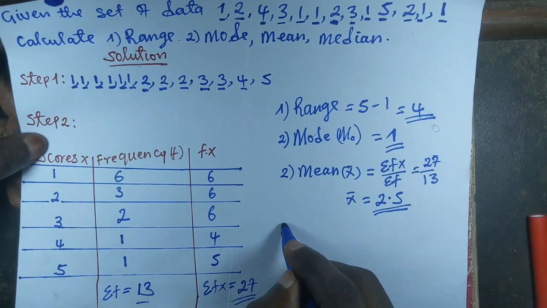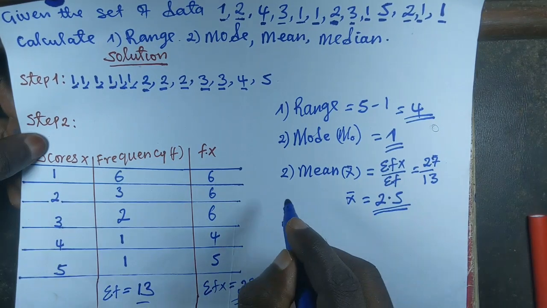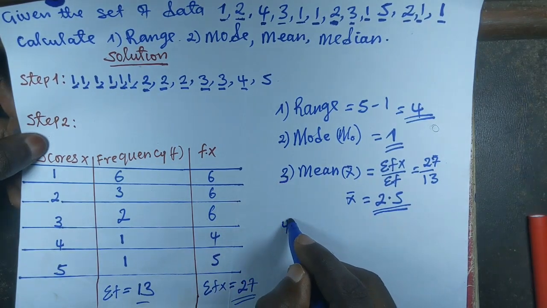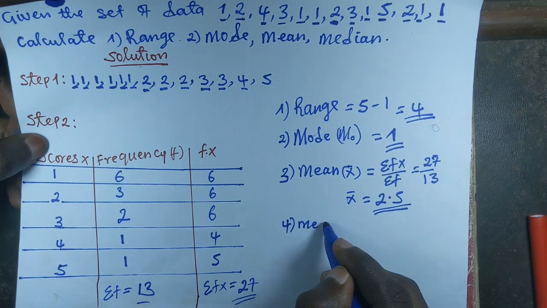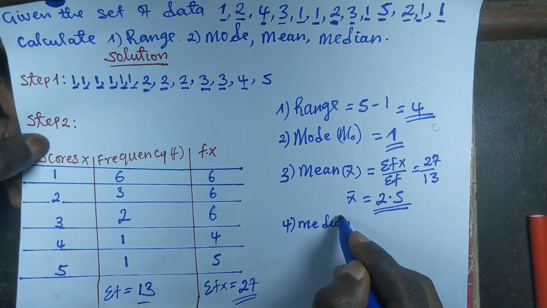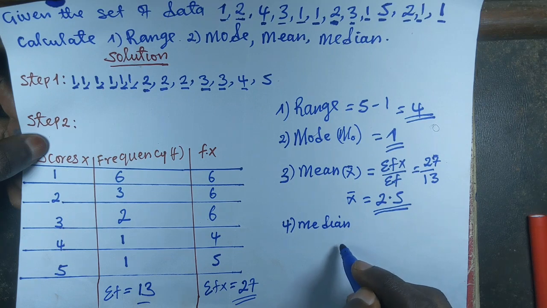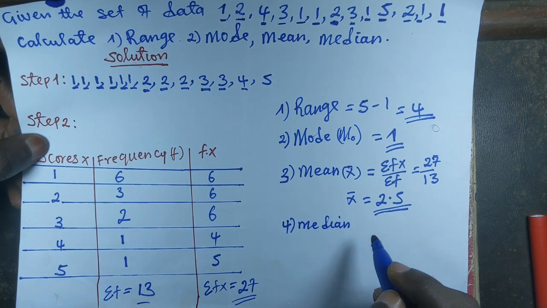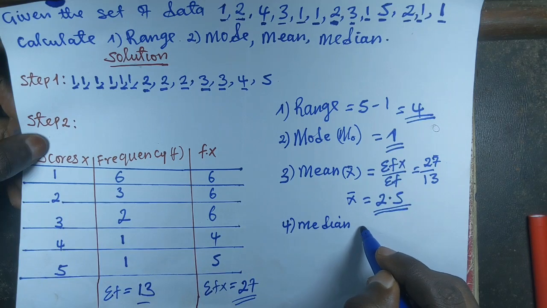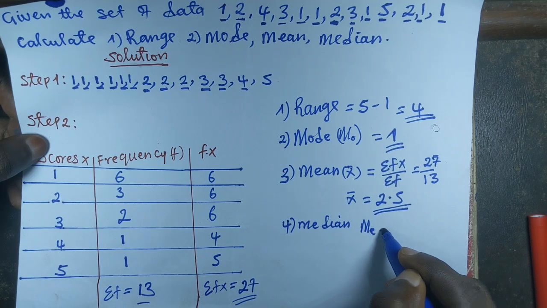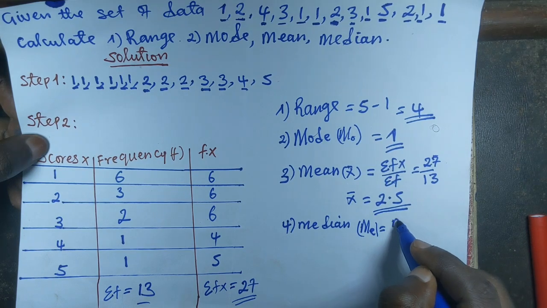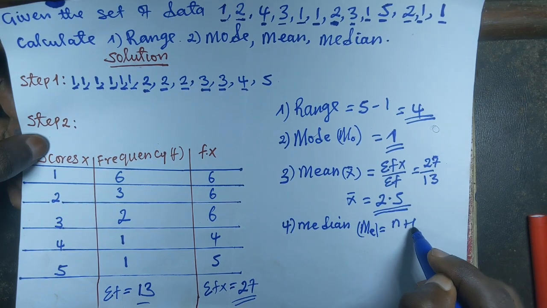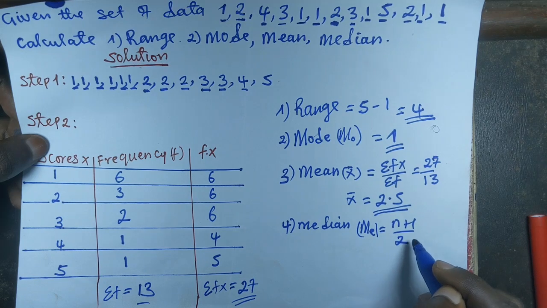And lastly, we have to look for the median. For a given set of data with odd number of values, the median is given as n plus 1 over 2.